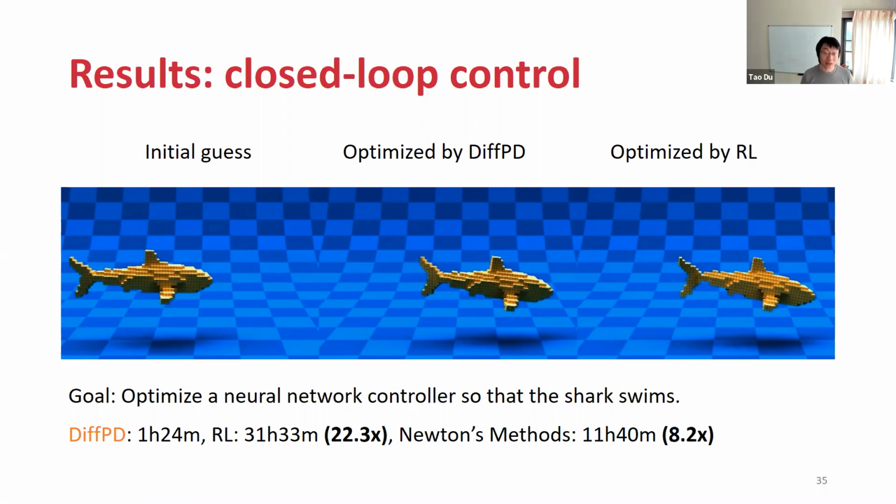And here we are not only comparing our Diff.Pd simulator to Newton's method as before, but also to some other very standard and state-of-the-art gradient-free algorithms, aka the reinforcement learning algorithms in our case, and we observed a substantial speed up once we leverage the powerful gradient calculation in Diff.Pd.